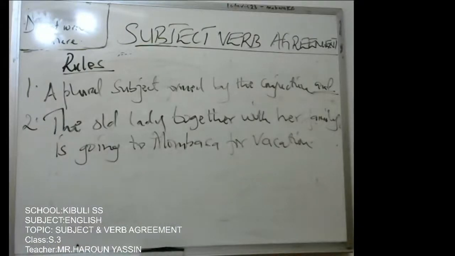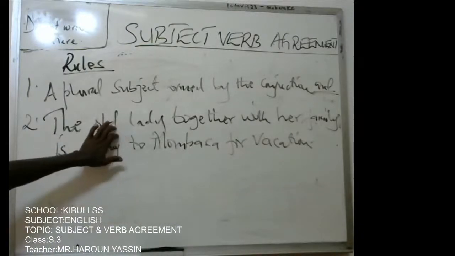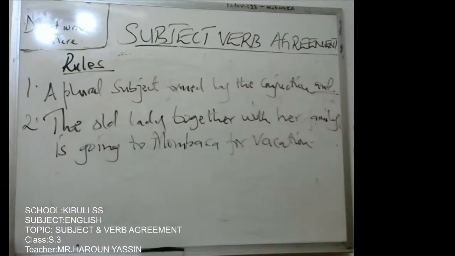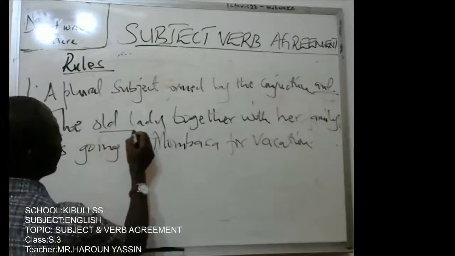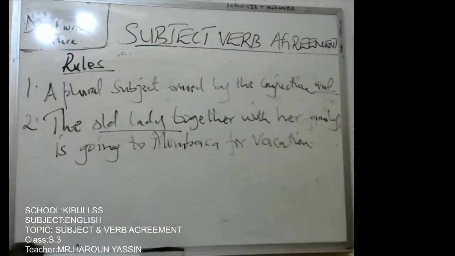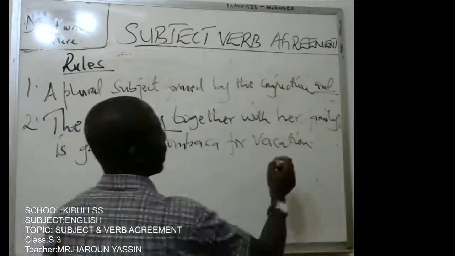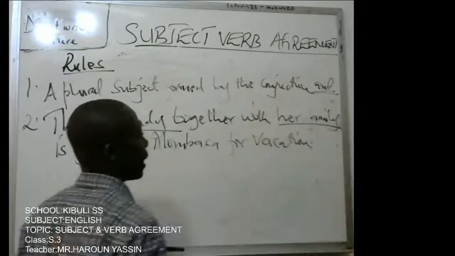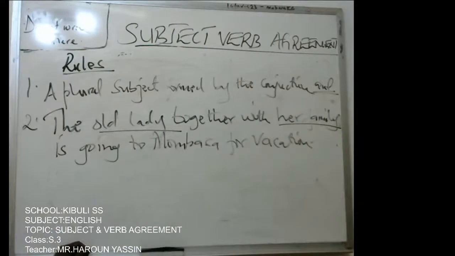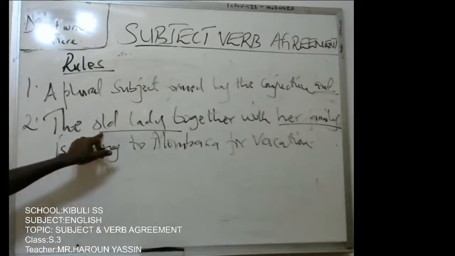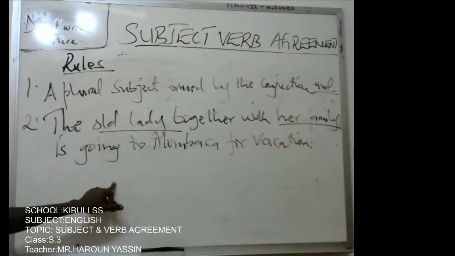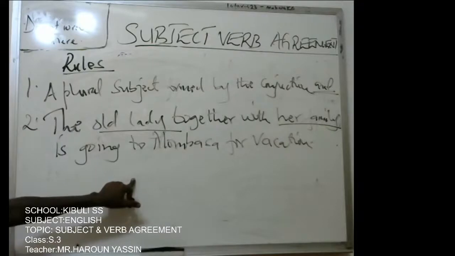Now, if you are to pay attention to this sentence here, I know somebody is going to challenge me. They are going to say the old lady is one subject, okay, and then they will say her family is another subject. And then they will say that we have got two subjects in that sentence, just like we have two subjects in Kalebo and Kathy.